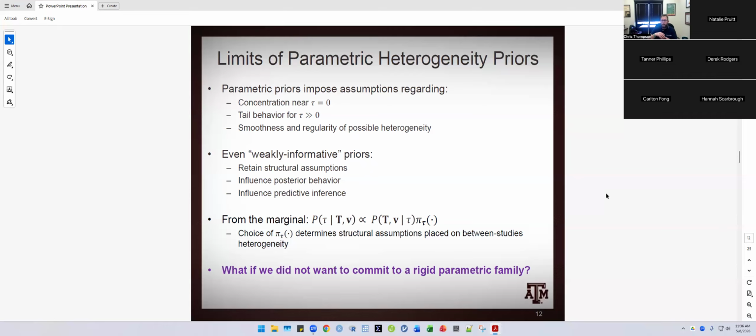Even priors that are weakly informative still retain some basic structure that is affixed to it. But what if we didn't want to commit to such a rigid family of priors? It's a fair question.